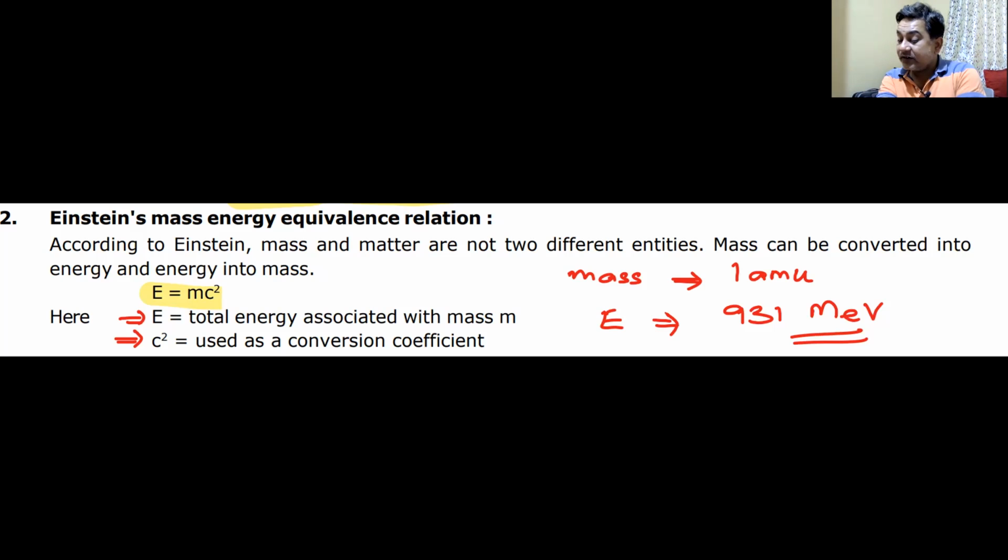It's a very important result that you must remember. The energy which is equal to 1 AMU of mass is 931 mega electron volts.